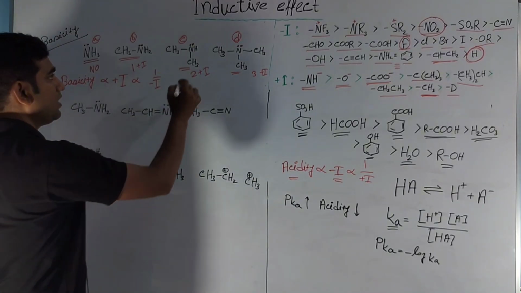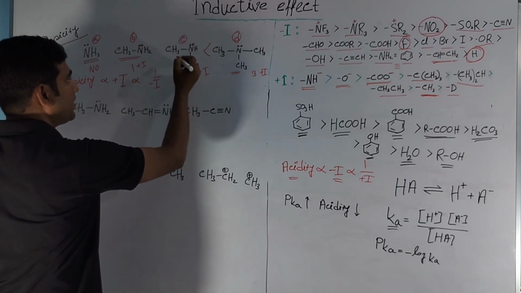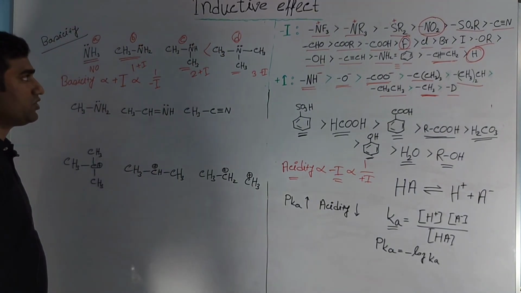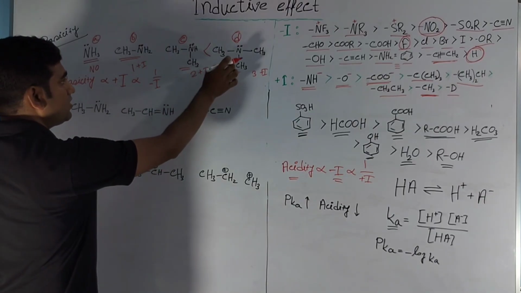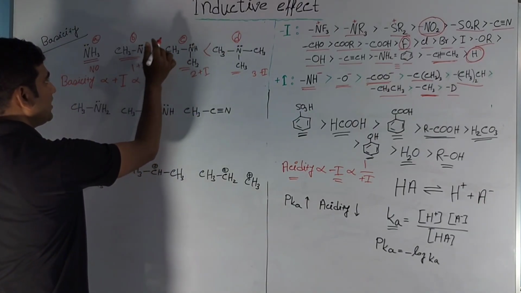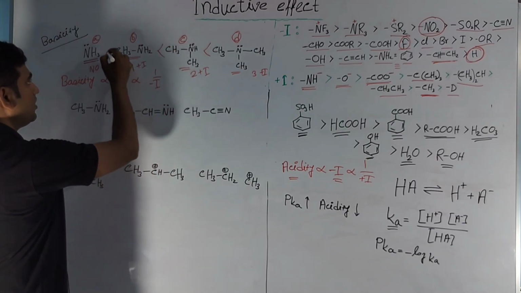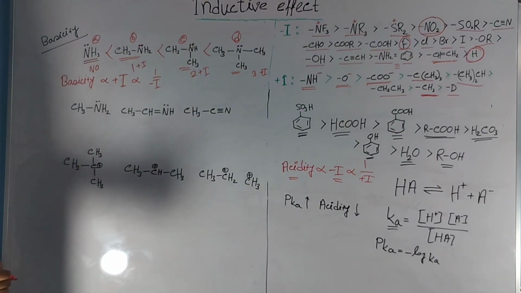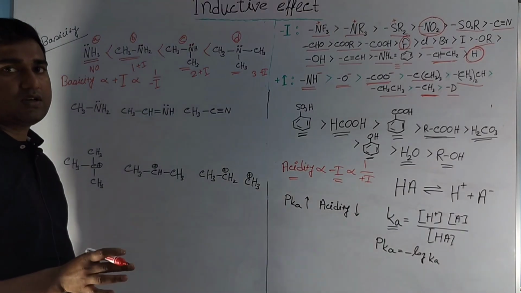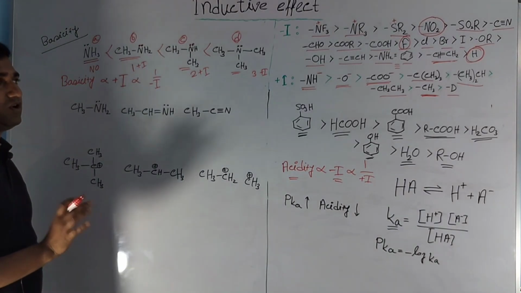So the basicity of the fourth molecule is higher compared to the other molecules. Here 2 plus I means basicity is less than the fourth molecule but higher than the second molecule, and NH3 has no plus I group, so it is the least basic.